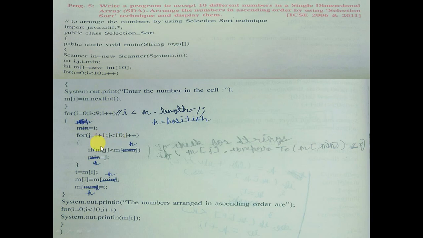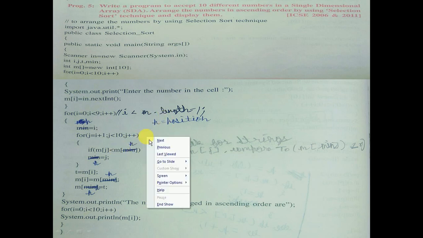Right? So now what happens when j is 1? It checks the j position value, means first position value, is it less than, in this case p is 0 now, the 0 position value. As we have noticed before, here that is not satisfied. That is not satisfied.